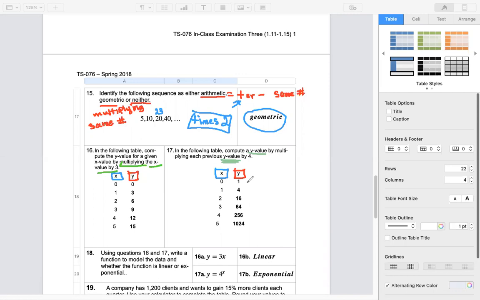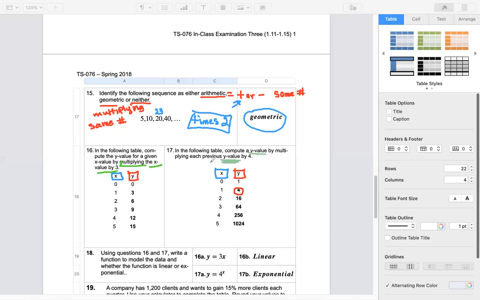So let's follow the directions. It says, find out the y value, this red column here, by multiplying each previous y by 4. All right. So the previous y was 1 here. 1 times 4 is 4. That's how we got this 4 right here, I multiplied by 4, okay?